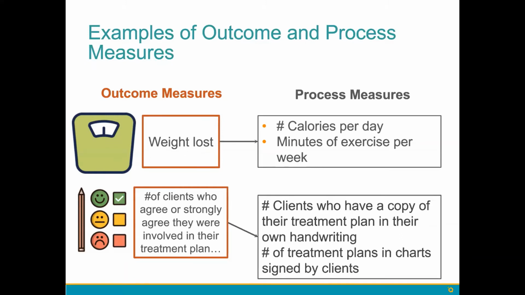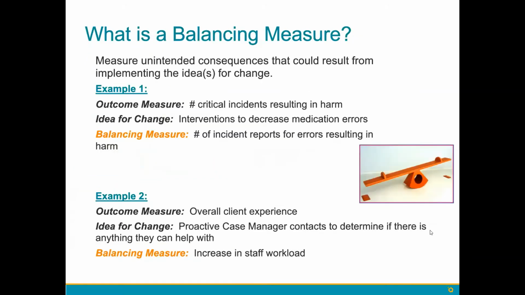Thanks, Darcy. Next slide. So balancing measures, and Rishi put in a teeter-totter for us because sometimes they're good and sometimes they're not so good. It's the unintended consequence that could result from implementing your change ideas. One example might be the number of critical incidents resulting in harm. We all want to reduce those.